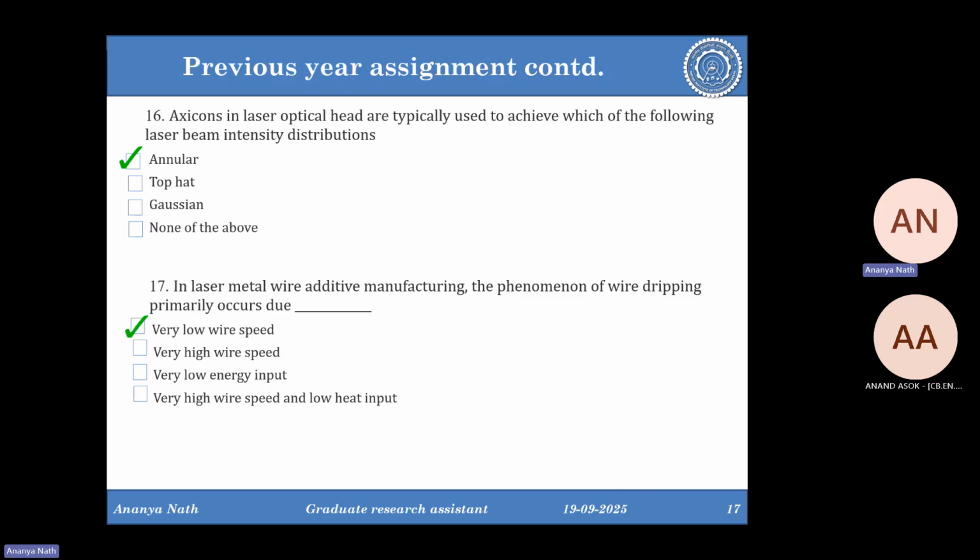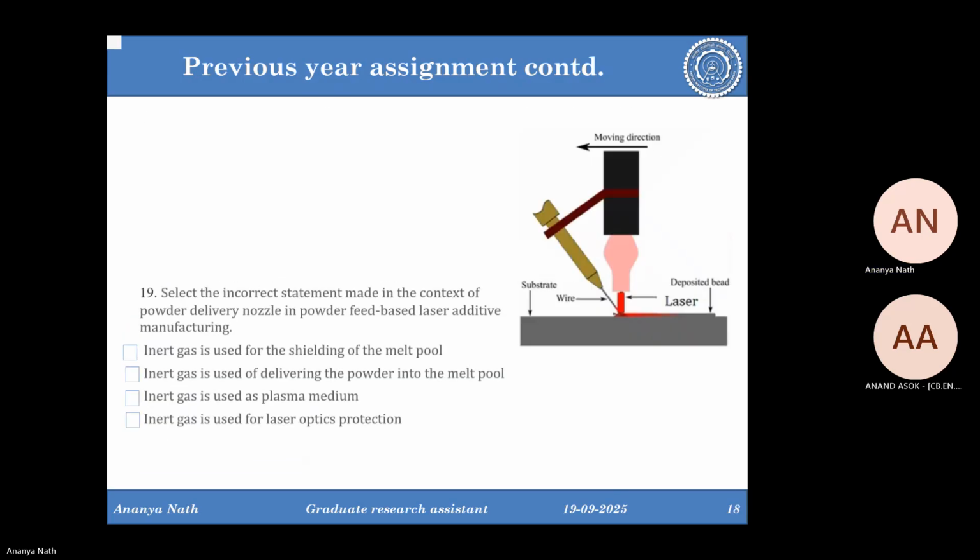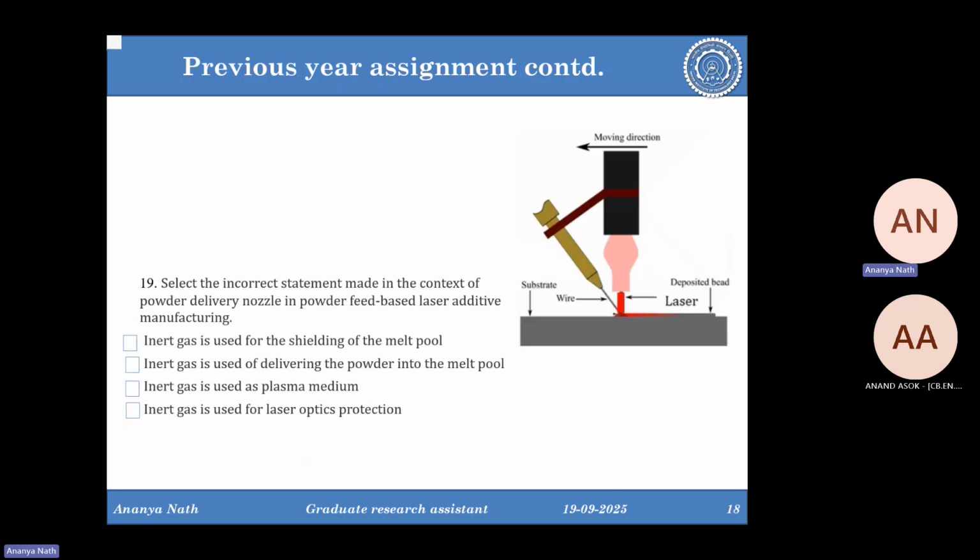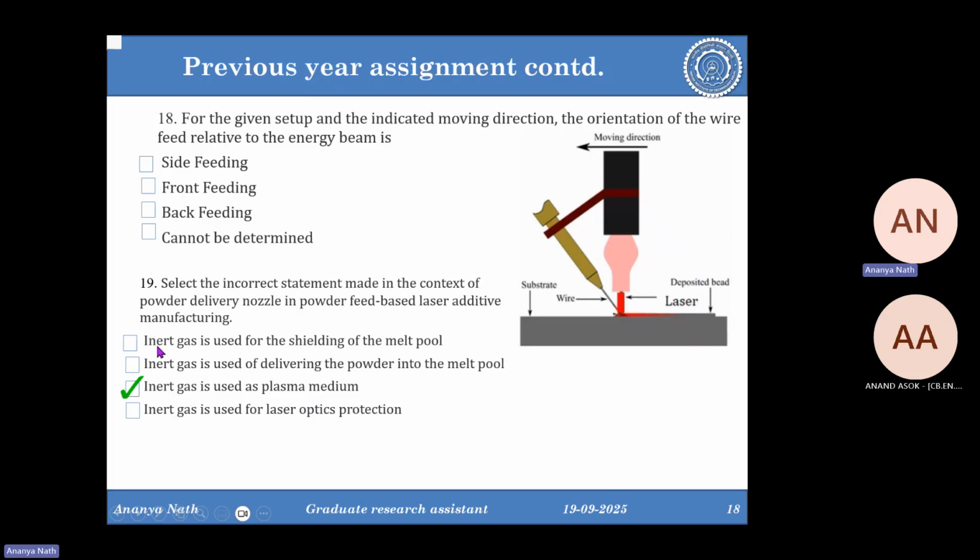That means the wire feed rate is very, very low. It's the same option. Select the incorrect statement made in the context of powder delivery nozzle in powder feed based additive manufacturing. So select the incorrect. So the plasma medium, the same one. And here also is the same question.